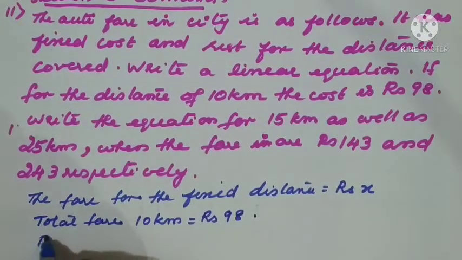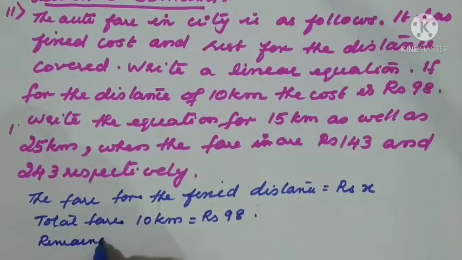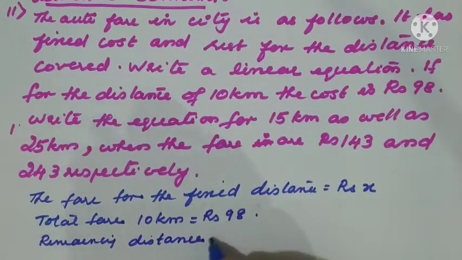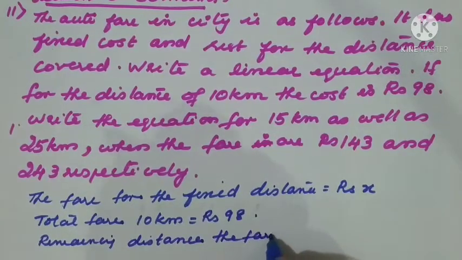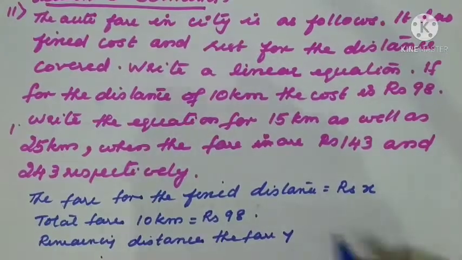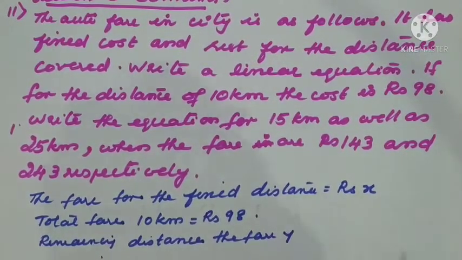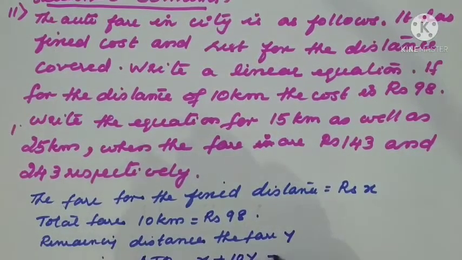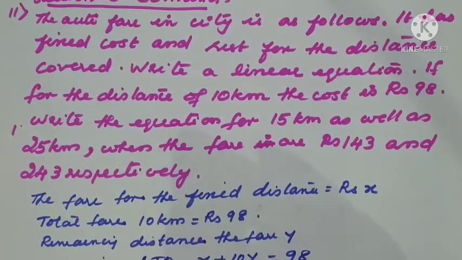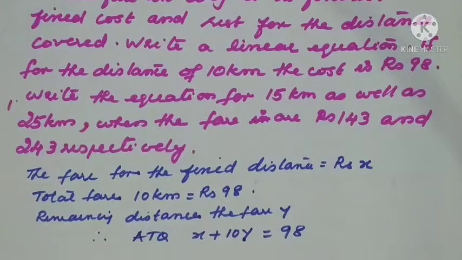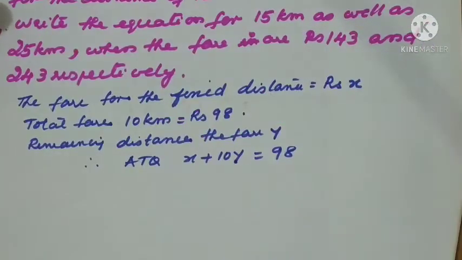For the remaining distance the fare is Y per kilometer, so for 10 kilometers it is 10y. So according to the question, X plus 10y equals 98. Whether you travel or not, the fixed cost remains the same.